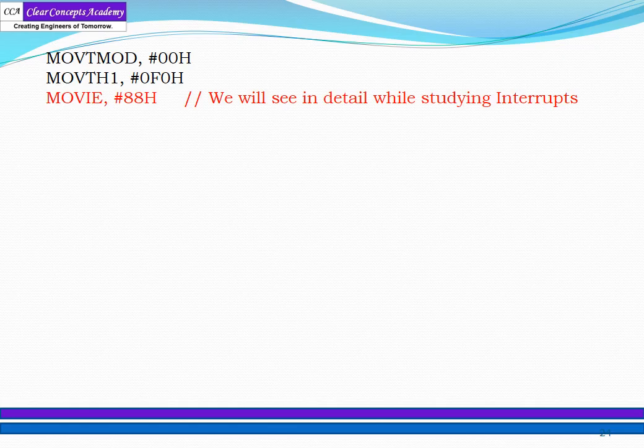Move IE, 88H. IE is the interrupt control register, the interrupt enable register. What is the interrupt enable register? We'll study it during our interrupt topic. At present, you don't worry about this 88. Set TR1, that means start timer 1.